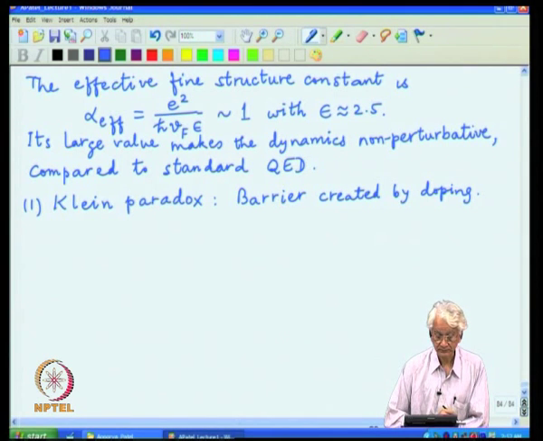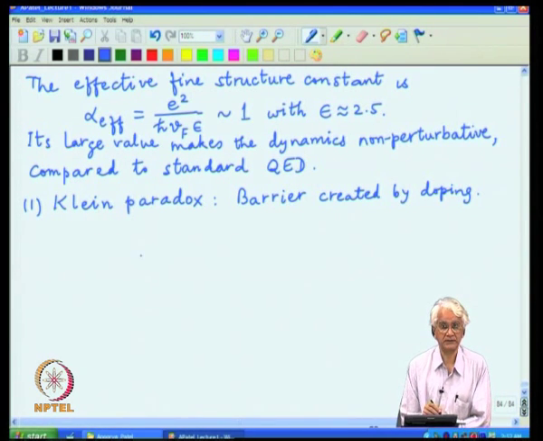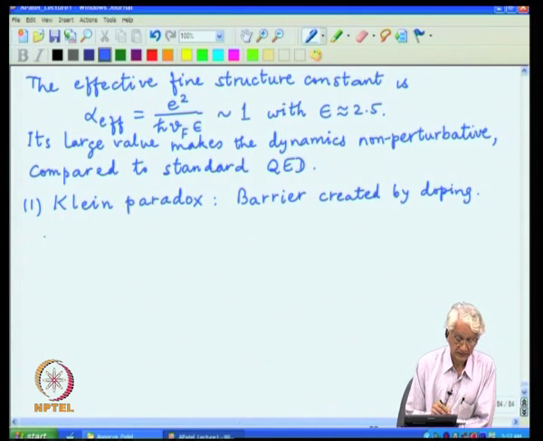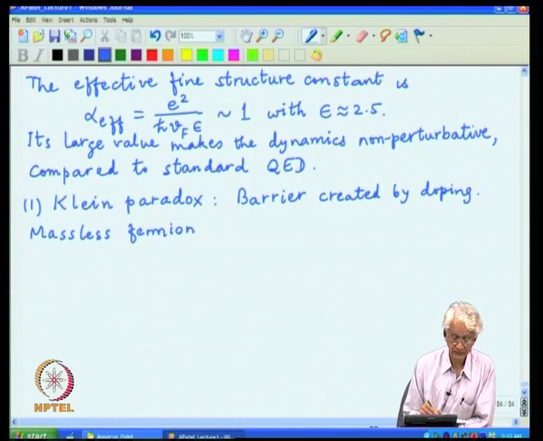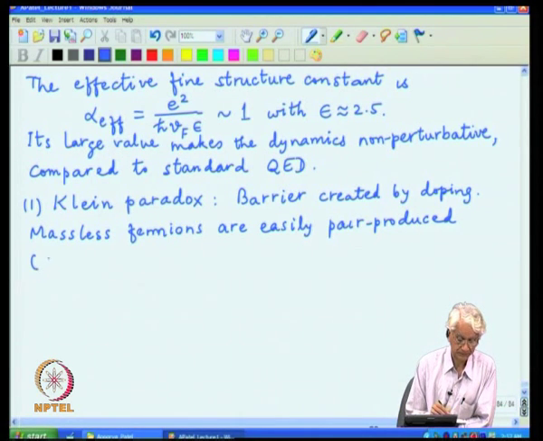And the peculiarity now shows up that we not only have a Dirac fermion, we have a massless Dirac fermion. So, these massless fermions are easily pair produced.